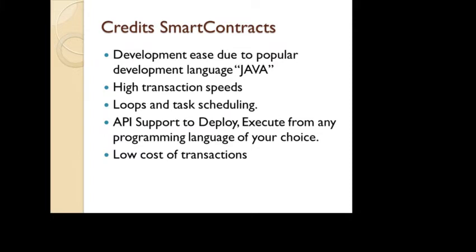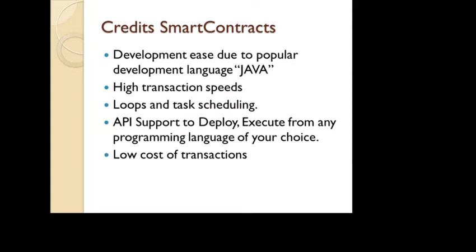So this is one of the main reasons why Credits can be a successful blockchain platform: its API support. With the APIs, it is possible not only to call a smart contract but also to deploy a smart contract. So in the traditional world, we have something called DevOps, right?